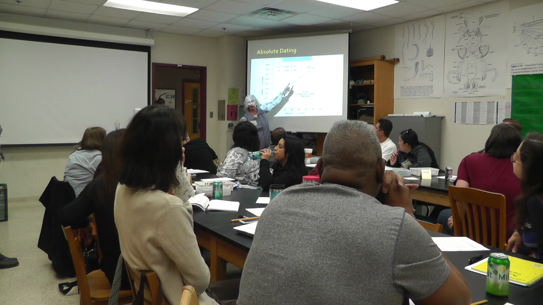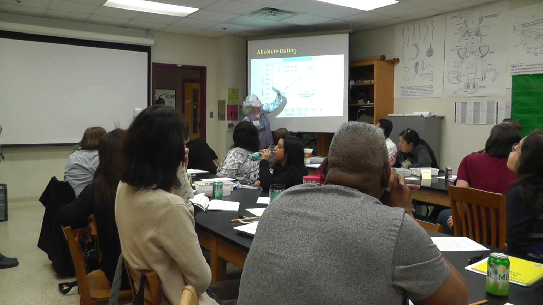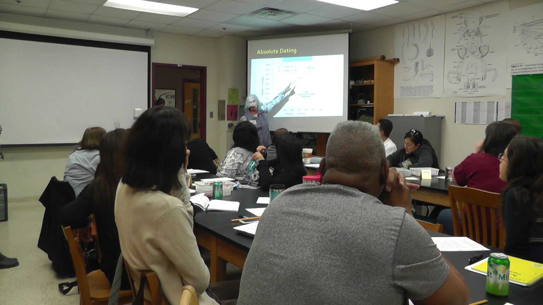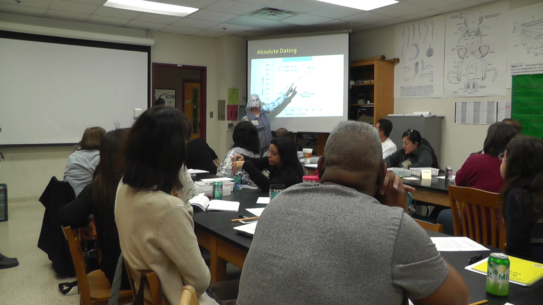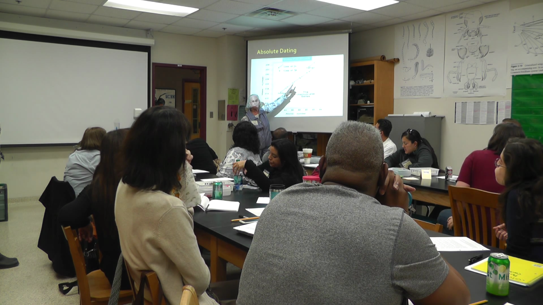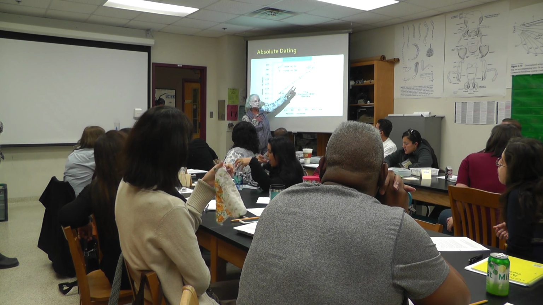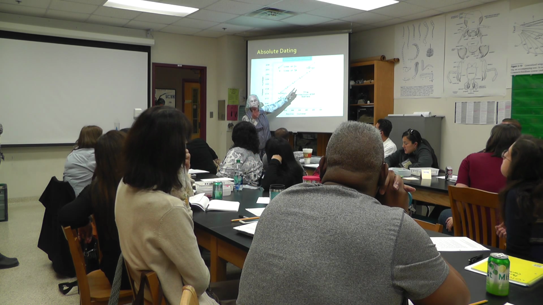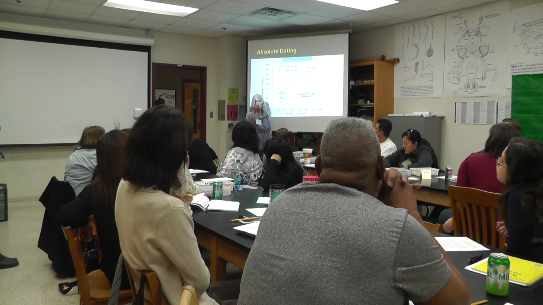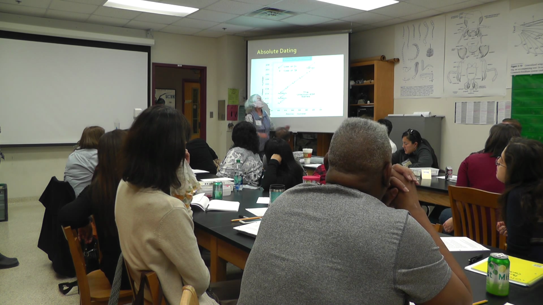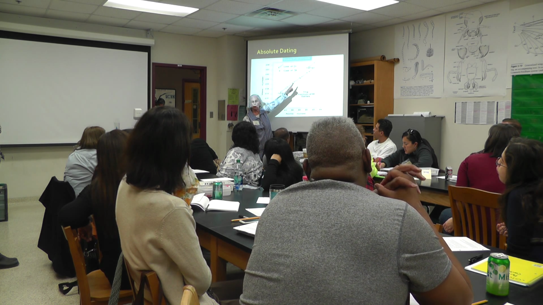But next, it loses a beta particle. We no longer have uranium-238. We have thorium. A beta particle is the loss of an electron from a neutron, which adds 1 proton. So do you see how its proton count went up?